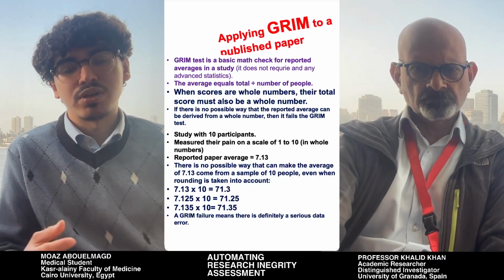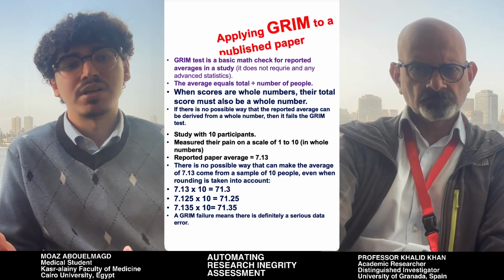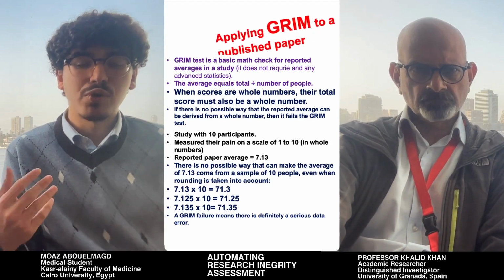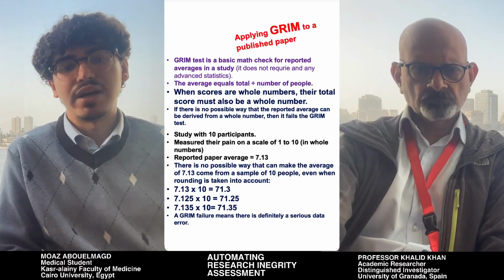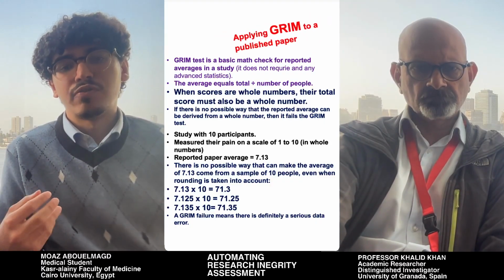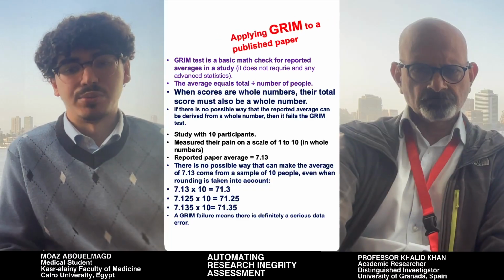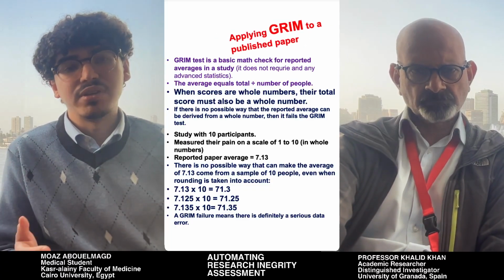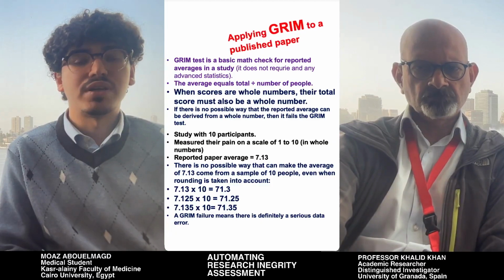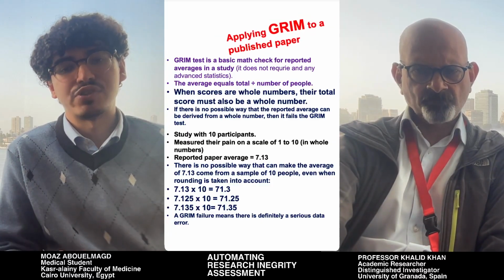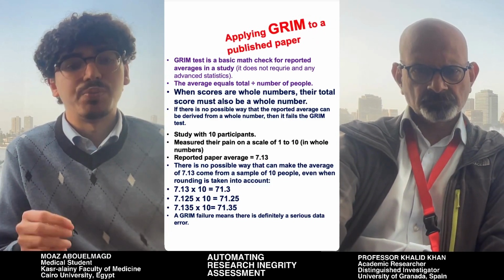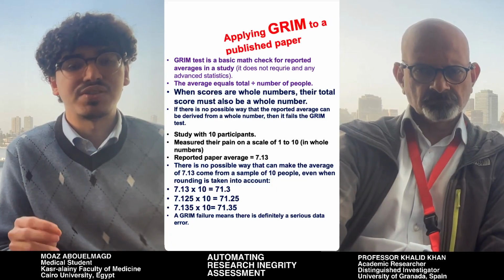If we consider another extreme value, rounding downward from 7.135 multiplied by 10, we also get a non-whole number. This simple explanation of the GRIM test shows that there is no possible way this average is real. A GRIM failure means that there is definitely a serious data error.